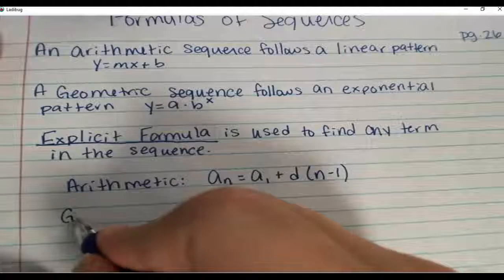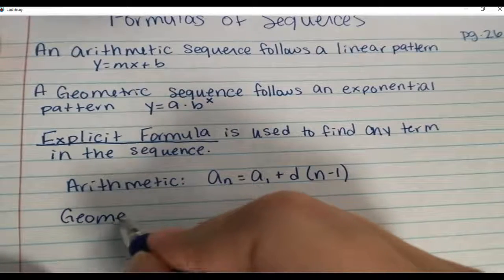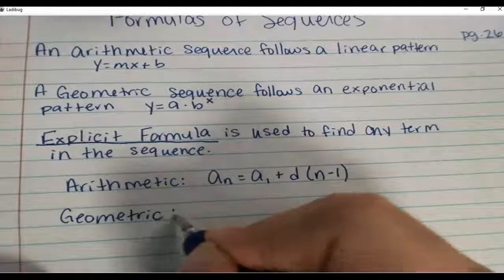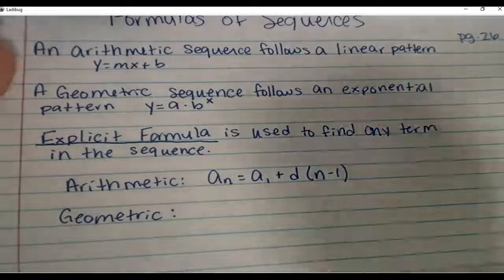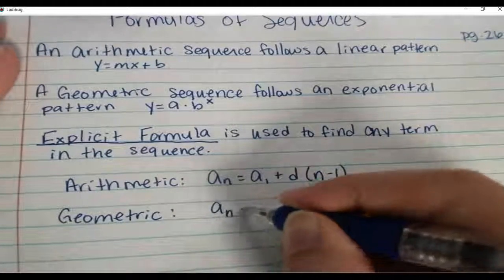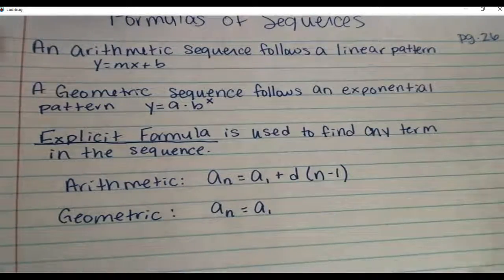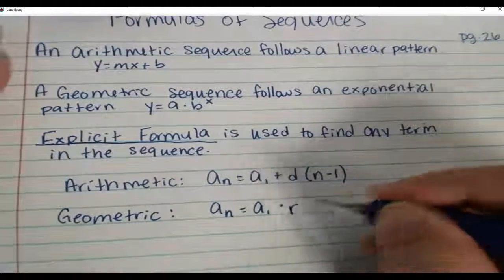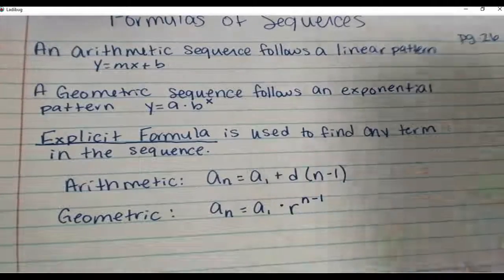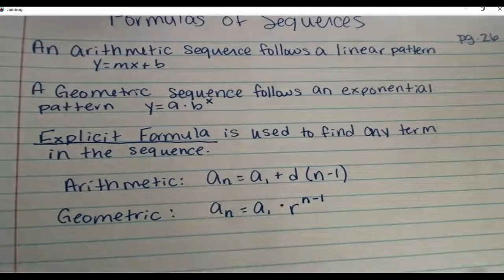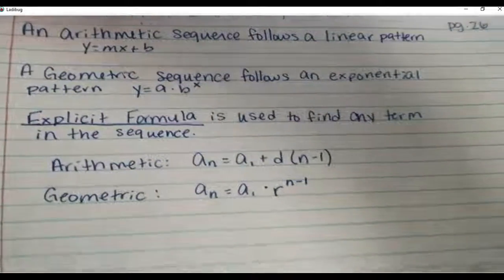If it's geometric, it's still an equals a1, but remember this one we're multiplying, so it's times r to the n minus 1. Okay, so what makes it exponential is the variable being in the exponent. So n minus 1 is your exponent.